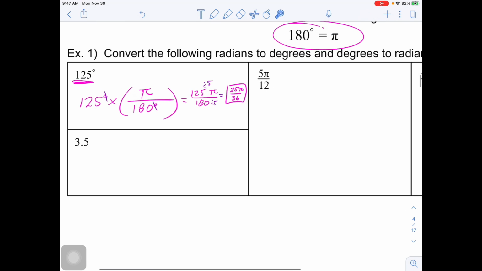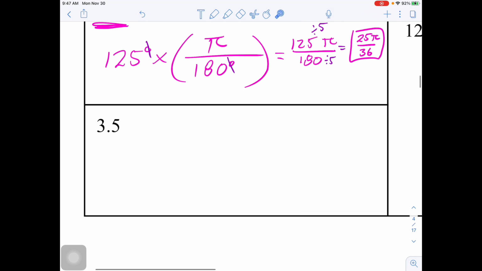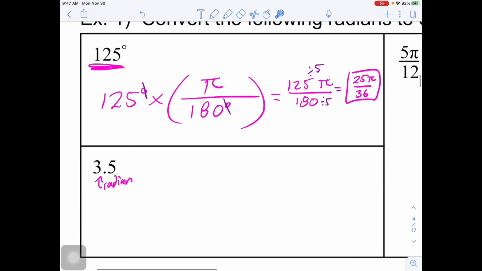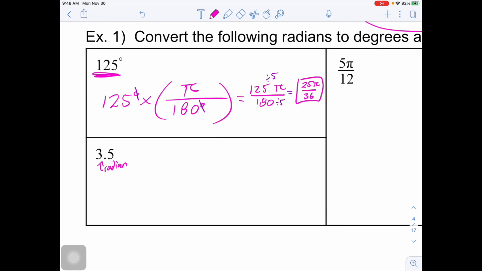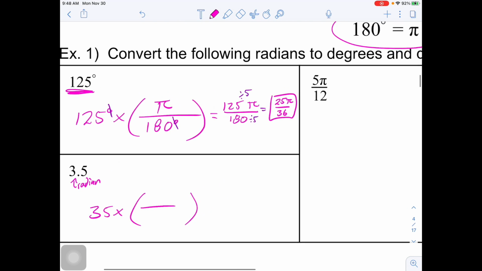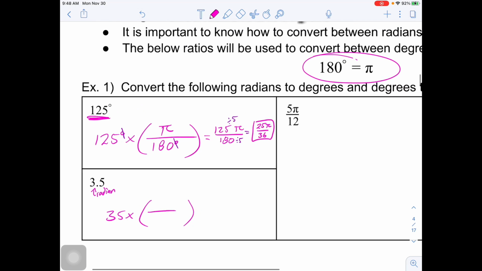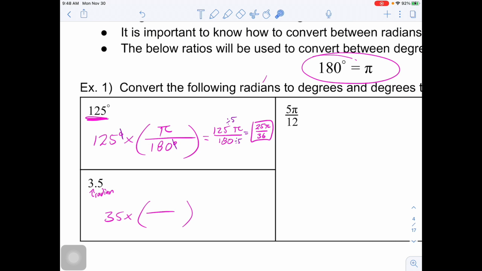So I'll show you how to do the conversion over here. Recognize this is not in degrees. This is measured in radians, and you can recognize that because it doesn't have the degree unit. So here we're converting 3.5 radians to degrees. What I'll end up doing is 3.5 multiplied by, and now in this case I want it to become degrees.